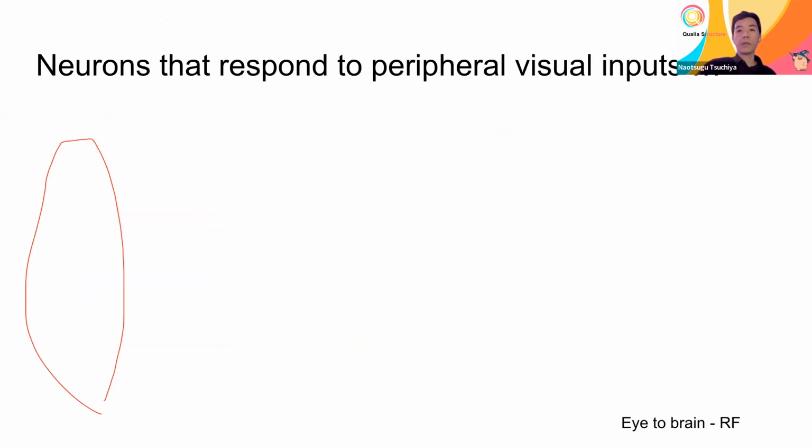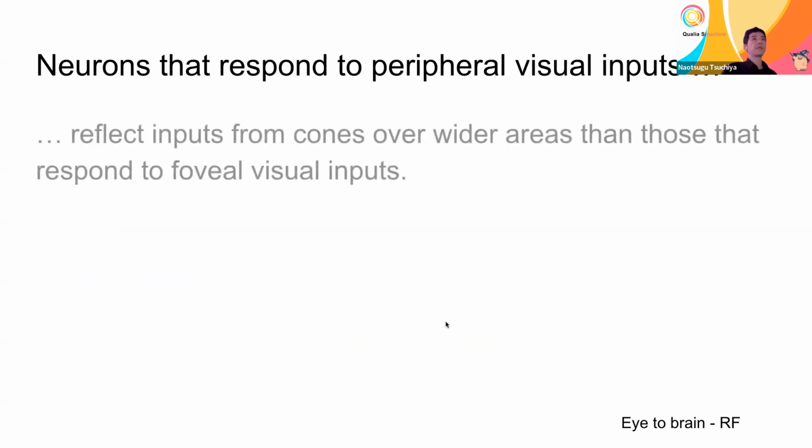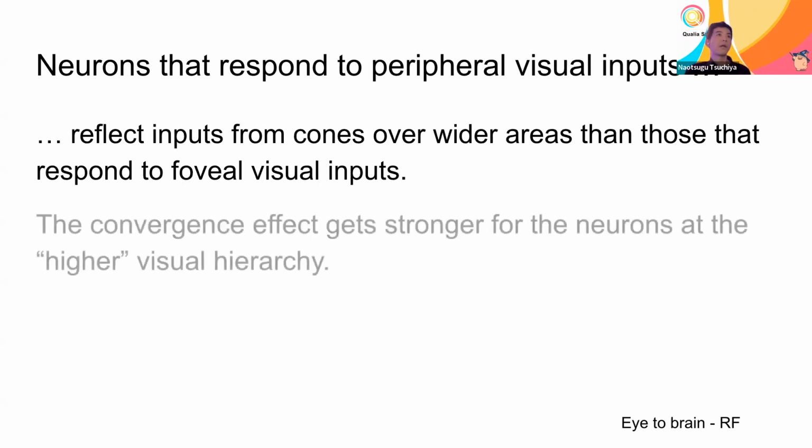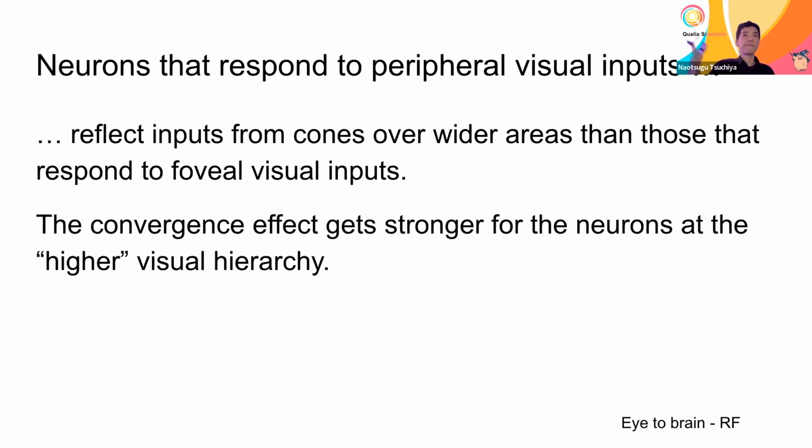Okay, so to sum up here, the neurons that respond to the peripheral visual inputs reflect inputs from the cones over wider areas than those that respond to the foveal visual inputs. And therefore, the convergence effect gets stronger. And that effect becomes stronger for the neurons at the higher visual hierarchy compared to the retina.